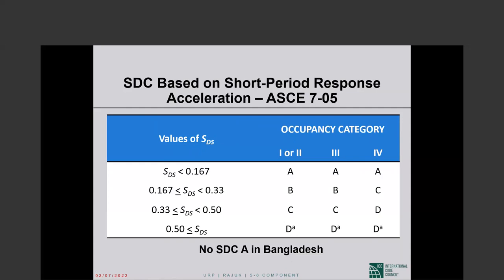The seismic design category is a function of three things. The table gives you design categories A through D. I tell you that there is no design category A in Bangladesh, because for design category A, S sub DS has to be less than 0.167, and you do not have values that low anywhere in the country.